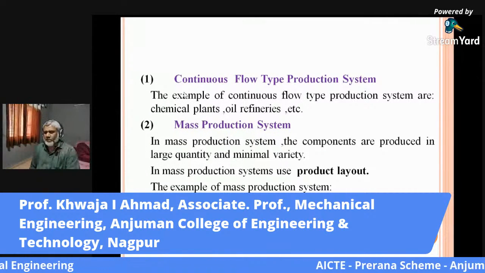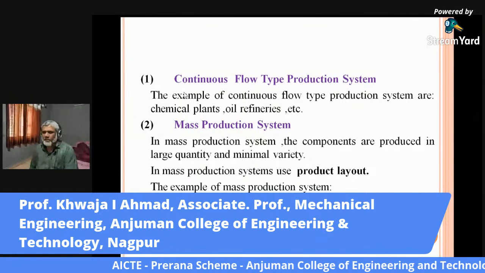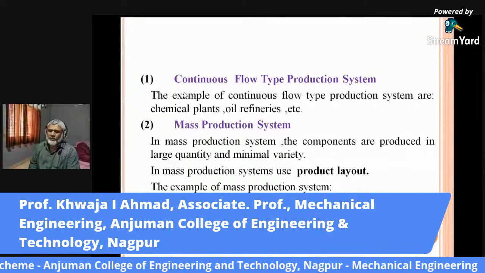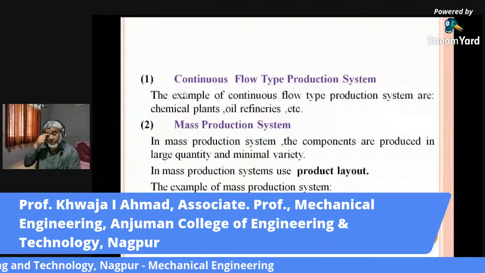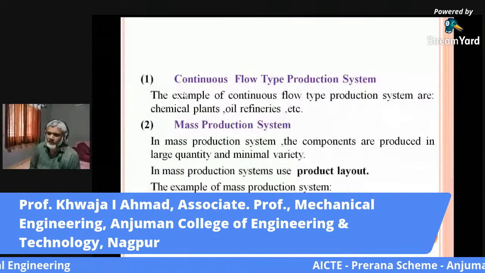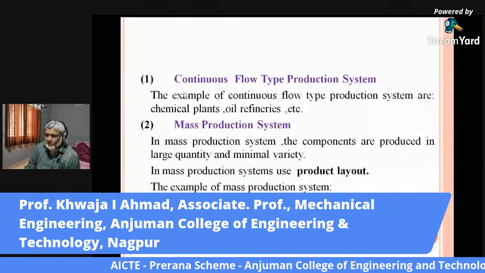These are produced in very large quantities, and you cannot vary the variety of the product. Only a little bit of adjustment with respect to some size or some shape will be available, but you cannot change the actual variety or actual product with much more specifications. That is the mass production system.